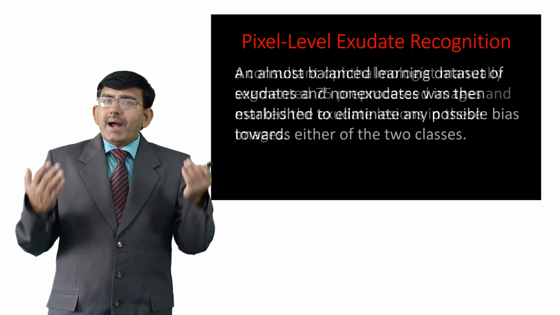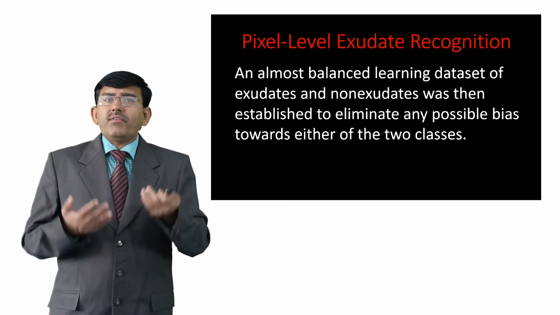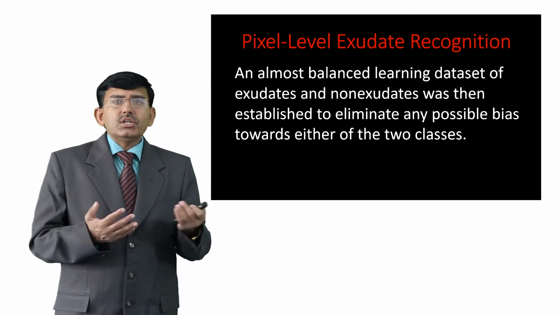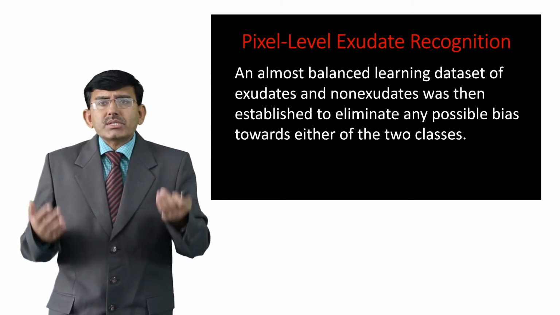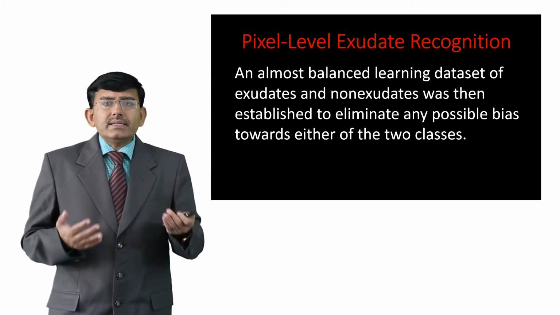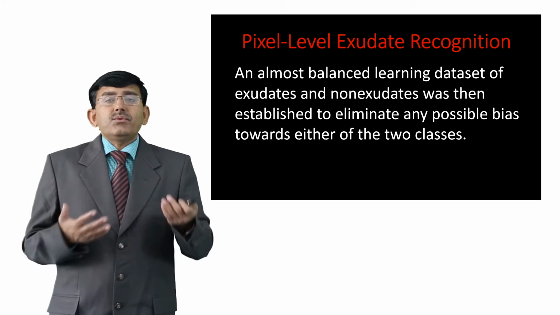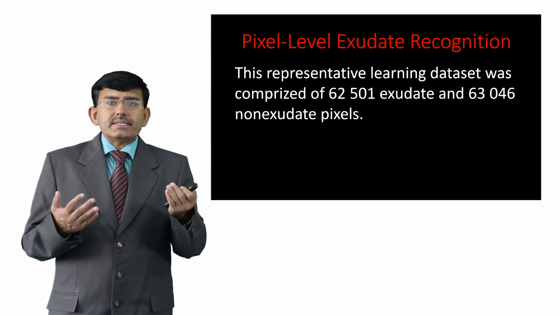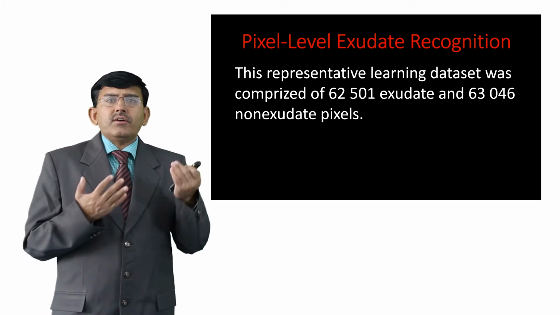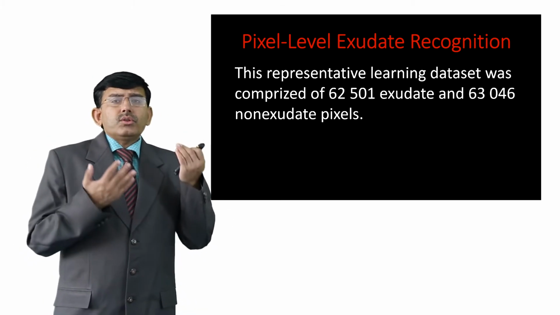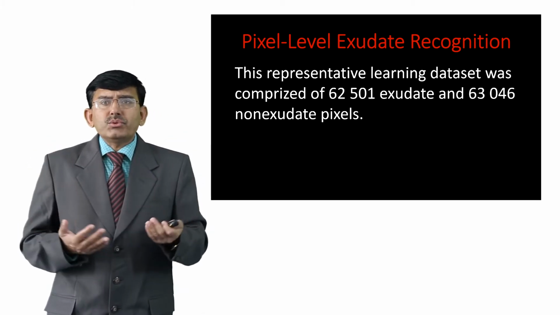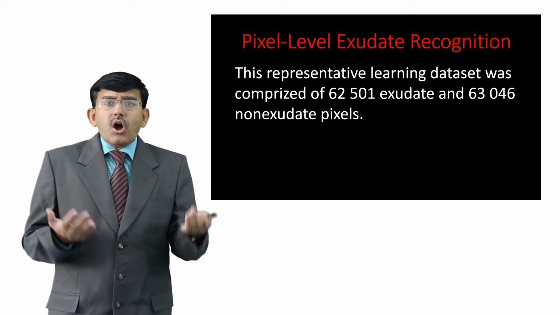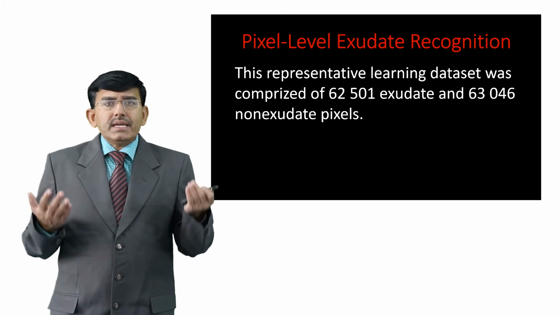An almost balanced learning data set of exudates and non-exudates was then established to eliminate any possible bias towards either of the two classes which we are going to form. This representative learning data set comprised 62,501 exudate and 63,046 non-exudate pixels on the images.